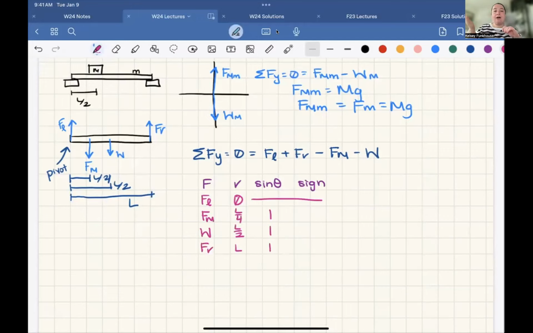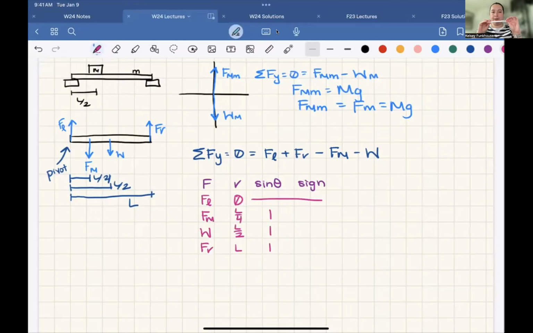Okay, so how you figure out the sign of the torque is from the direction of the rotation that it would cause. How we do that is you pinch your writing utensil or whatever you have at the point where the pivot is.